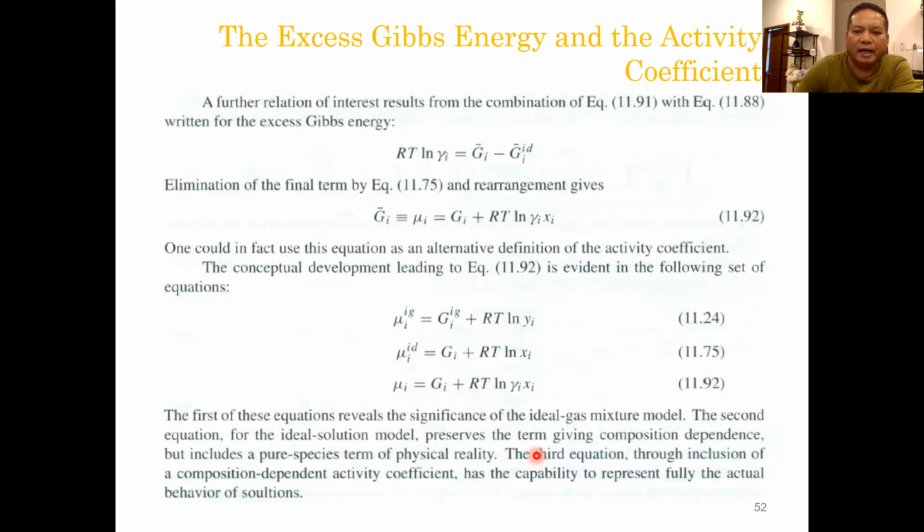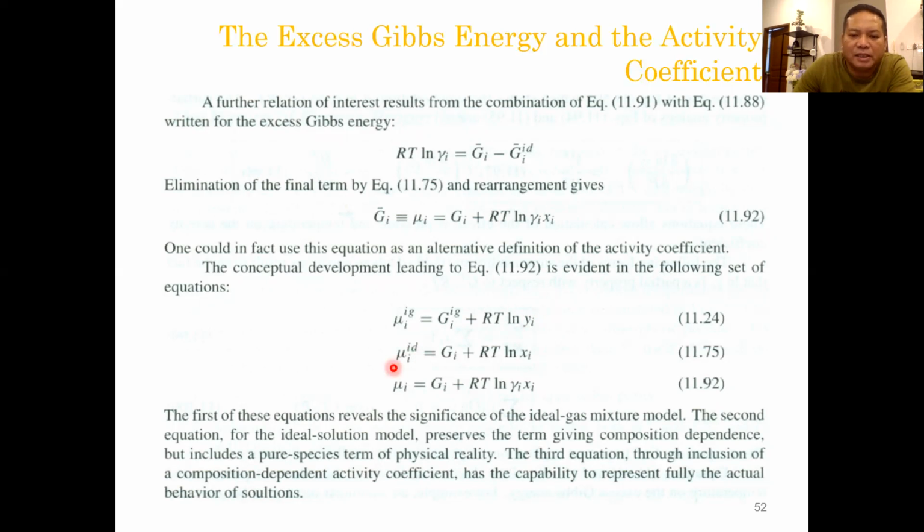And then we can manipulate it around, and then we got this. So we can rewrite it into this form here. So the chemical potential for the gas is this here. For the gas, it's Y, vapor form.